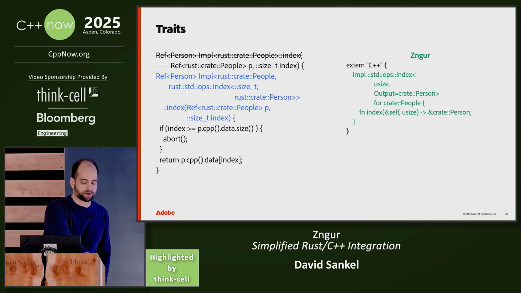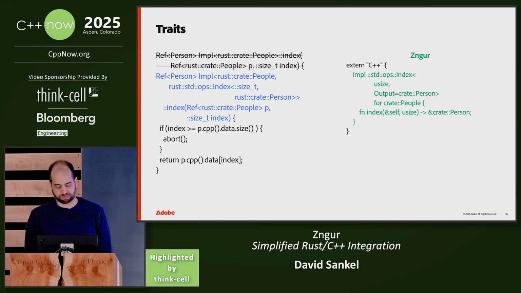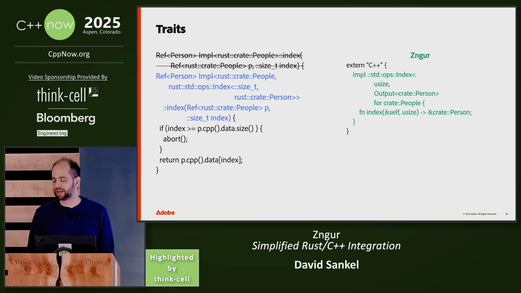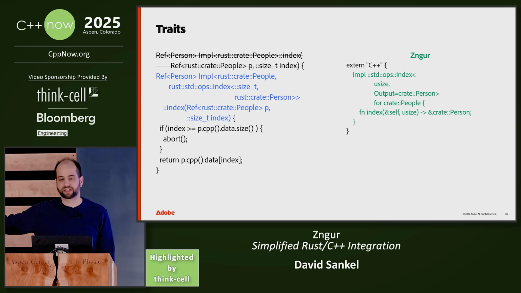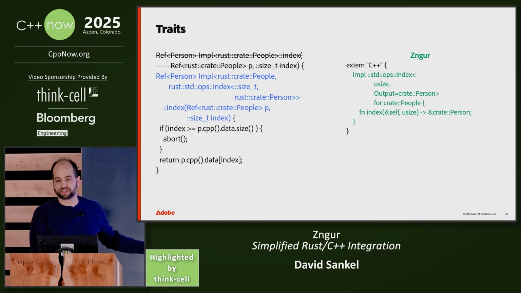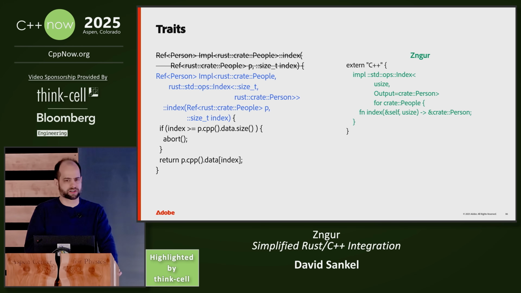There are two aspects to the answer. So one aspect is you could say, hey, if I'm exposing Rust to C++, I could say, just take this crate, everything in it, generate the Zngur file for it, and I'll just use it in C++. That's totally possible. There's no reason why that can't happen, and that would be a very useful thing. And I think that the author of Zngur has a prototype implementation to do exactly that.